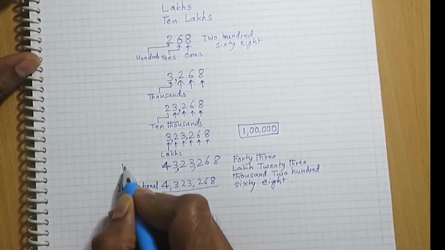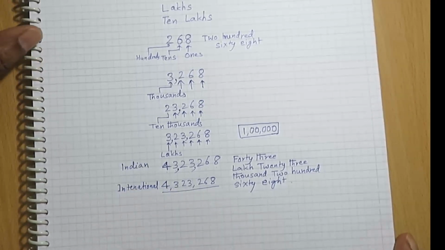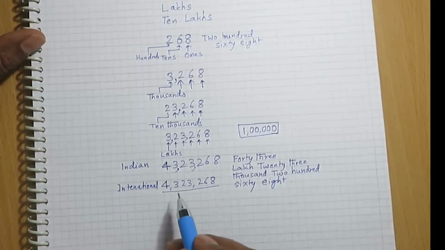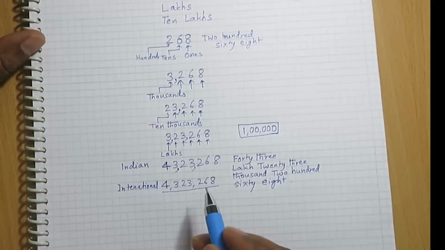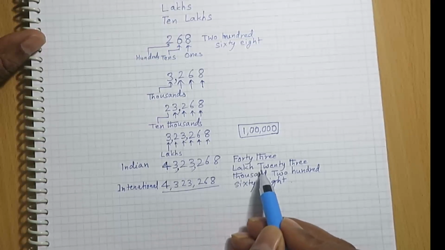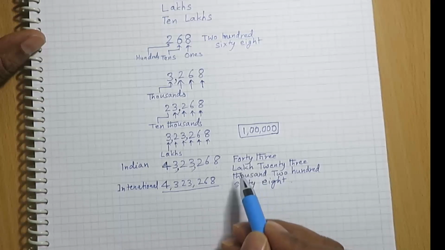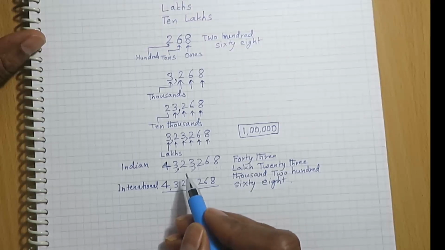And this is the Indian system. So this is how we call numbers differently in the international system and the Indian system. Okay, so after 43 lakh, if we go further higher, then we are going into crores.